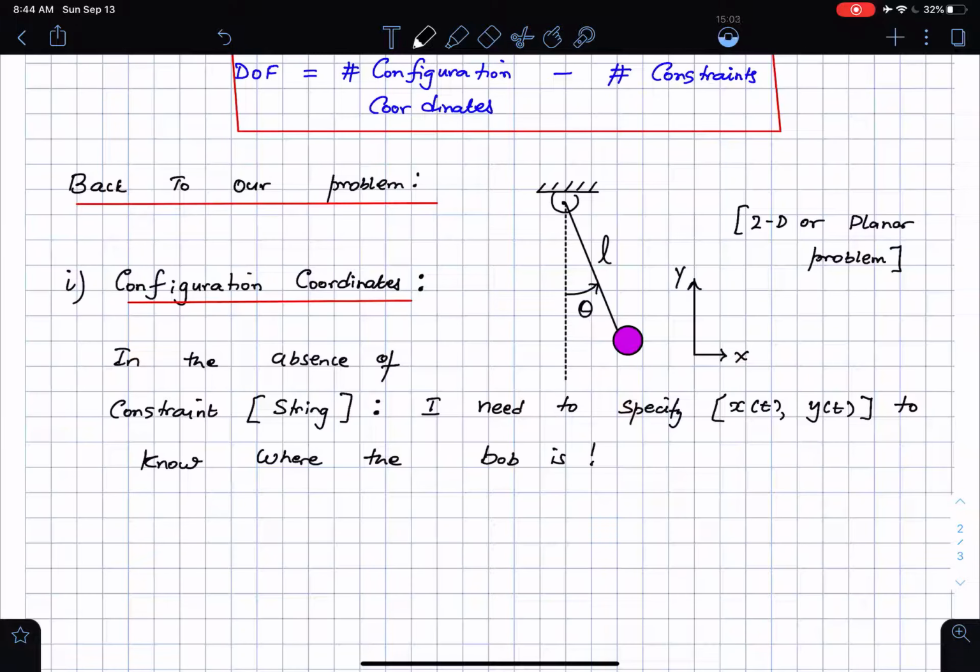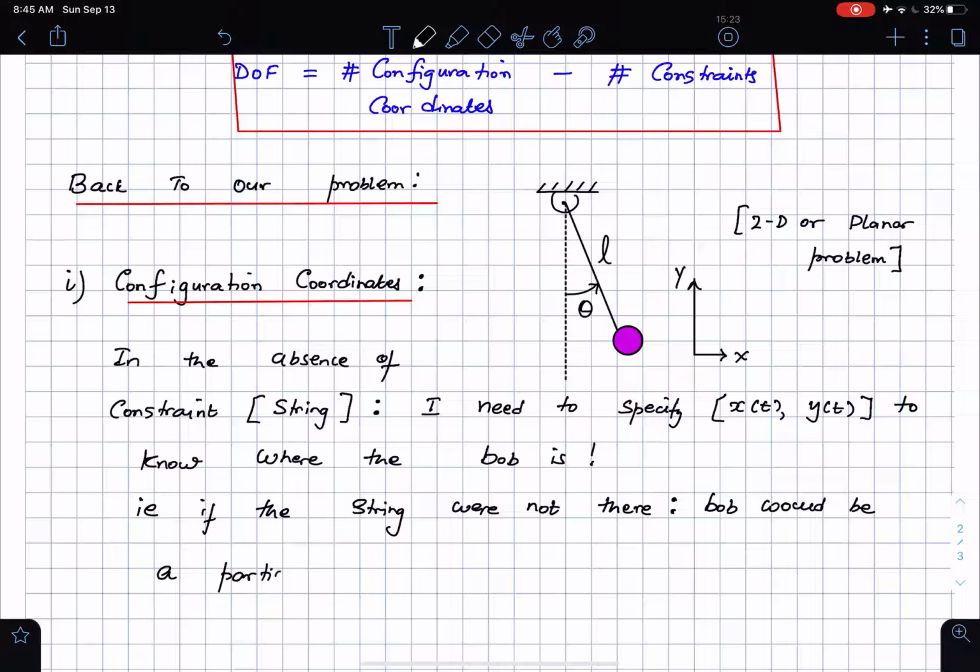At any point, if this string were not there, the bob would be a particle in 2D space.